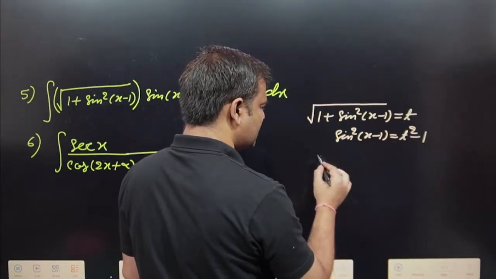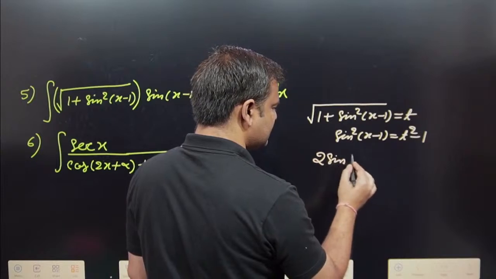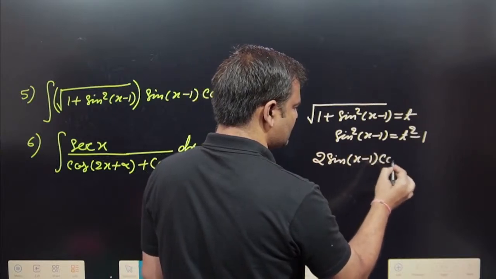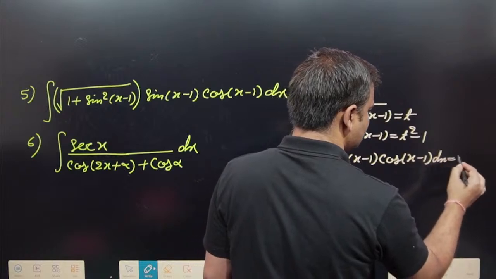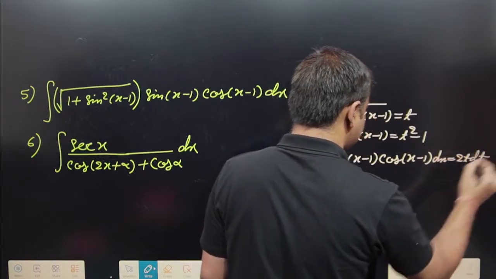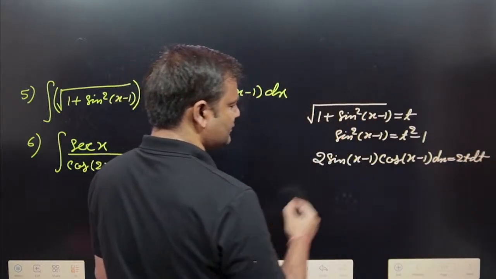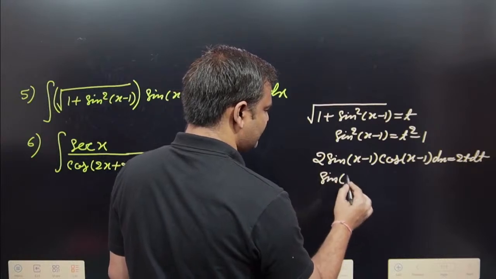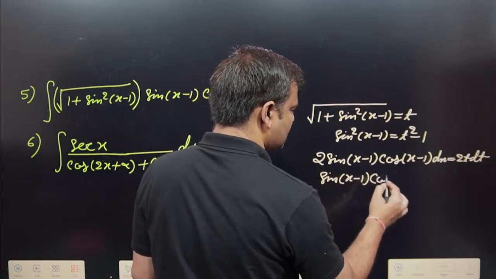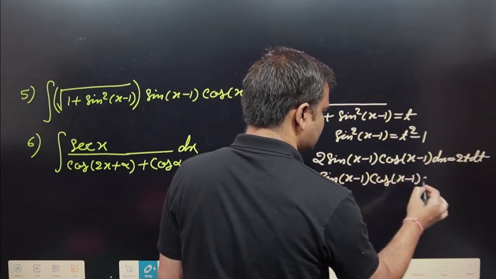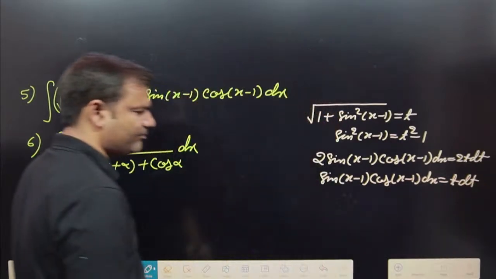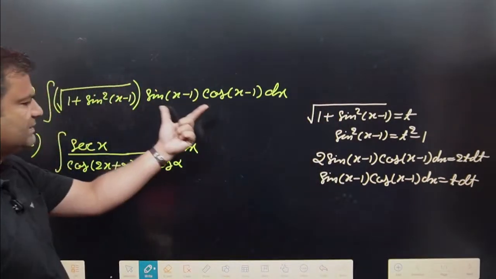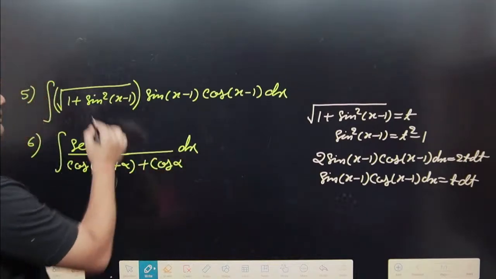If we differentiate both sides, then 2 sine x minus 1 into cos x minus 1 dx is how much? 2t dt. So basically sine of x minus 1 into cos of x minus 1 dx is replaced by t dt.